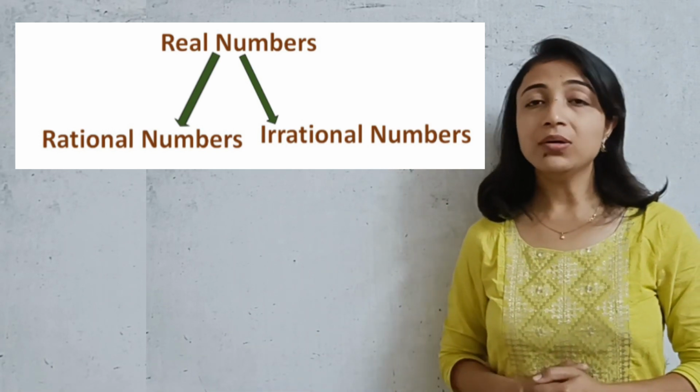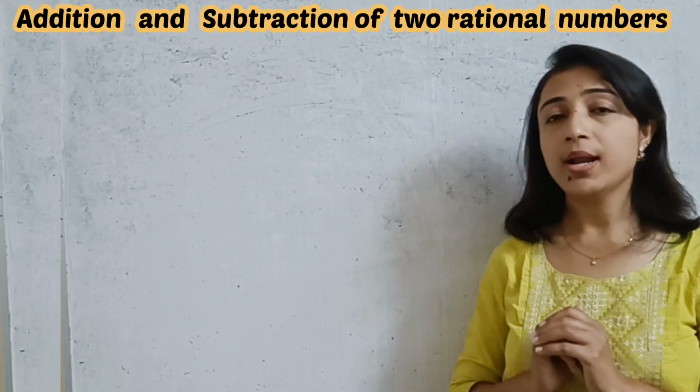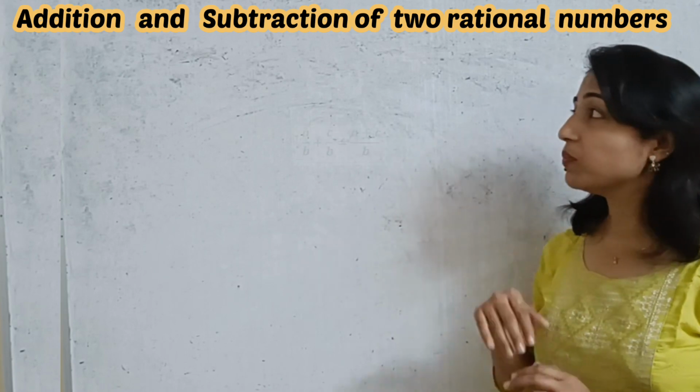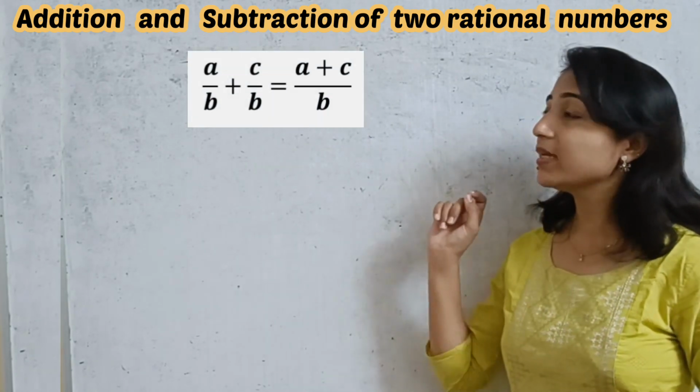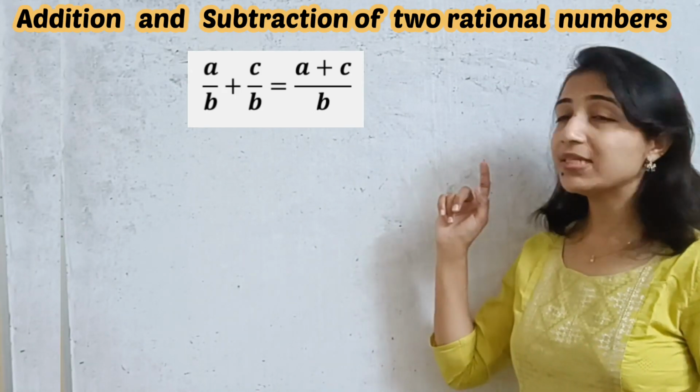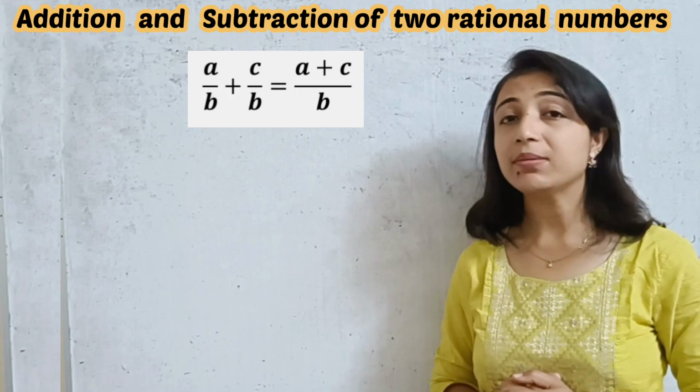Next we see how to add, subtract, multiply and divide rational numbers. Let's see the important rule for adding rational numbers. The first rule is a by b plus c by b. Observe that both numbers have the same denominator, b.